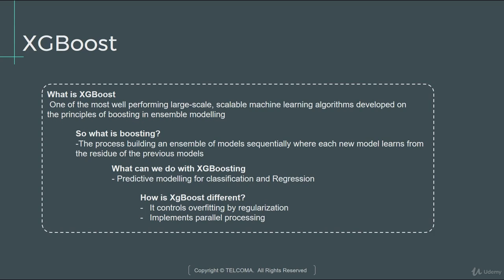But unfortunately, in most cases, when you iterate from one model to another, in the process of learning from the errors the previous model has made, it builds unnecessarily complicated models and tends to overfit. So from an underfitting scenario, it gets to an overfitting scenario and it doesn't really help.